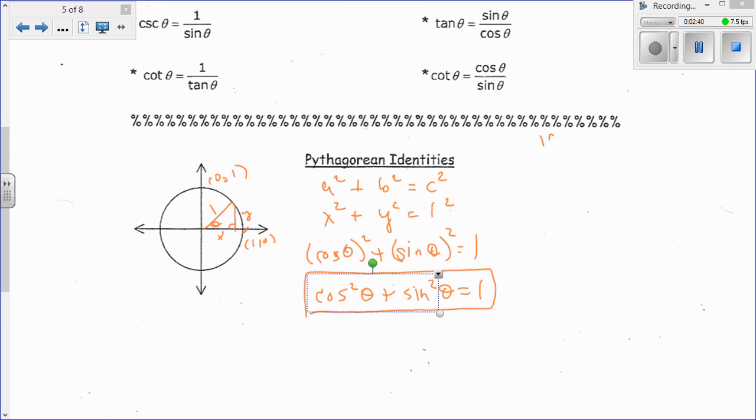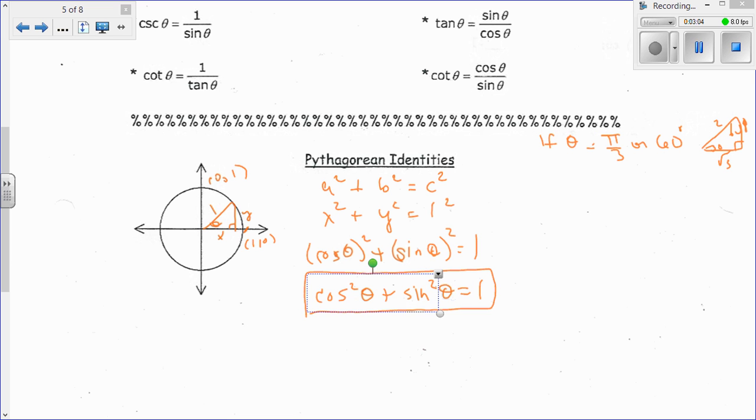If theta were equal to pi over 3, which is 60 degrees, and just to kind of get ready, I know I'm going to need my 30, 60, 90 triangle. This is 1, 2, radical 3.